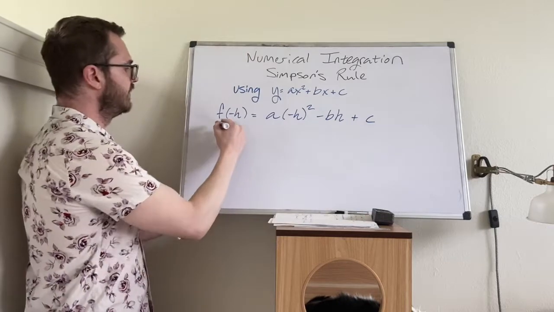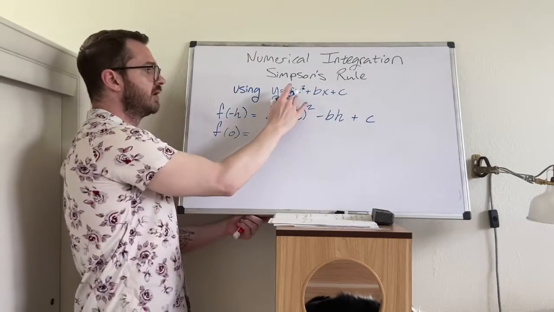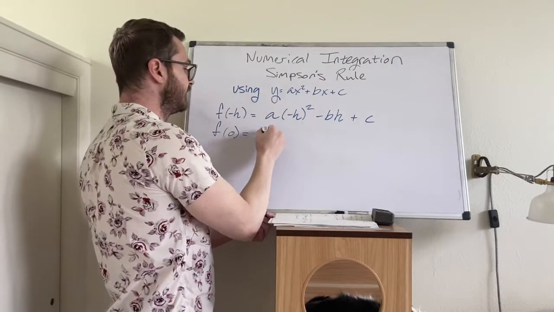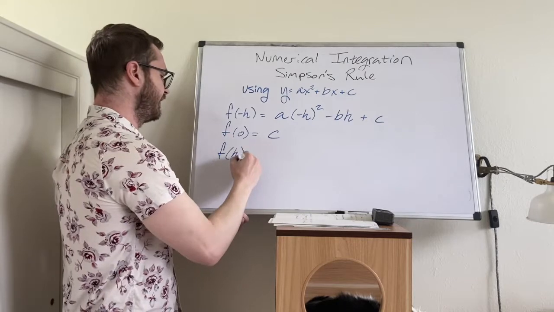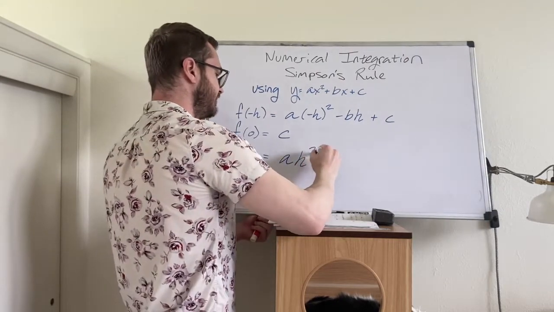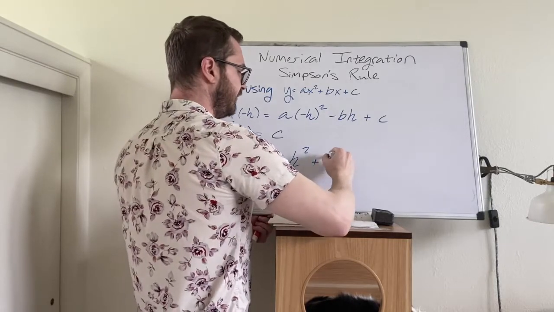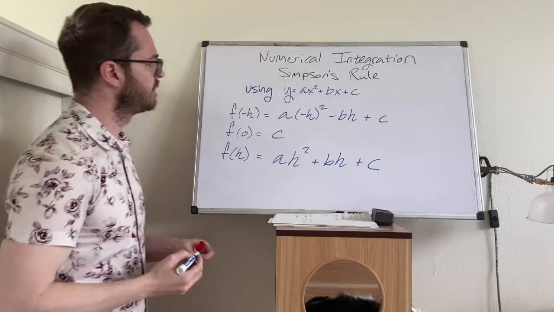Next, the point in the middle was f of 0. So when you plug 0 into both of these, clearly you're just going to get c. And f of h, we're going to get a h squared plus bh plus c.